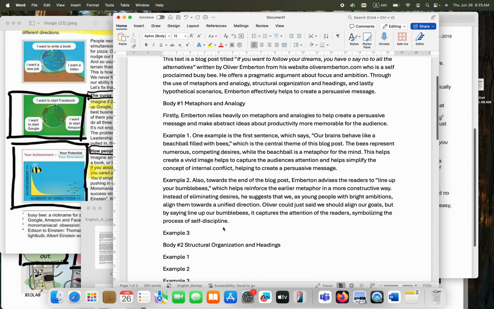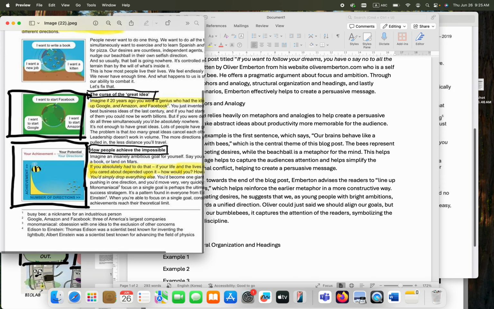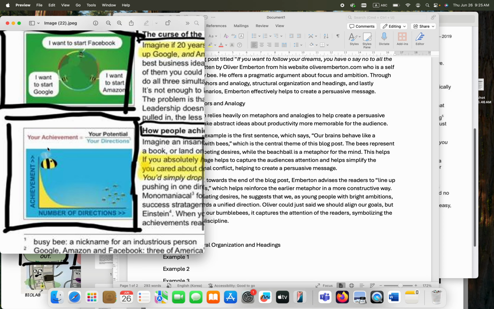Alright. Example 3. So I'm going to use this example right here. So it says your achievement equals your potential over your directions. Now you could also touch on the colors. So blue usually symbolizes peace, and then green as well, so freshness, peace. But for this specific point, I'm just going to focus on this graph right here and this equation.